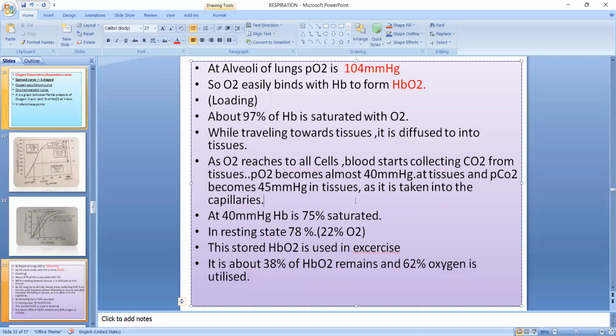ఎప్పుడైతే క్యాపిలరీస్ లోకి సెల్స్ లో నుంచి, చిన్న డయాగ్రామ్, for example, if it is a cell, it is a capillary.